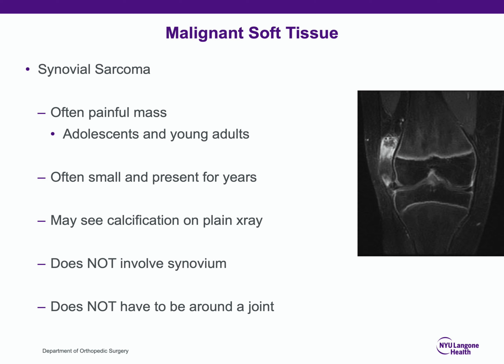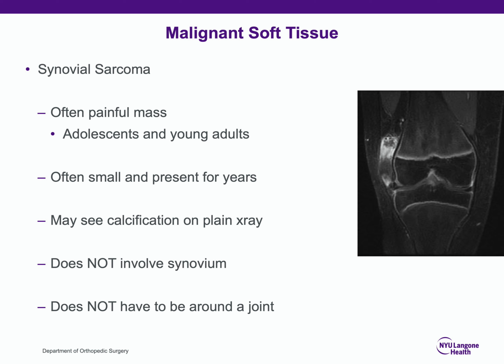They often present with a small painless mass that can be present for years, which goes against the general thought that soft tissue sarcomas are rapidly growing, fast-growing malignancies. Although, synovial sarcoma has a high risk of metastatic disease. It can present indolently, as a slow-growing mass.